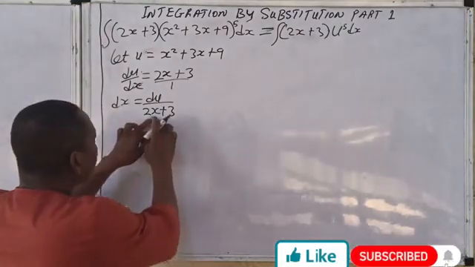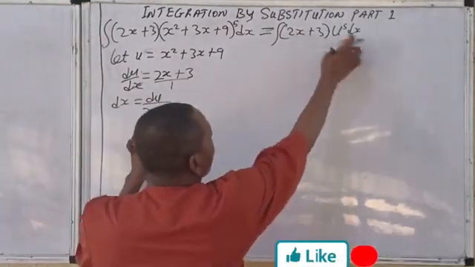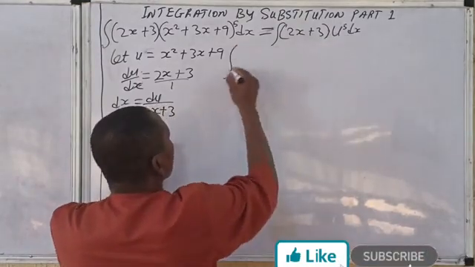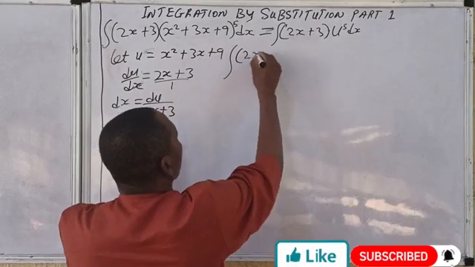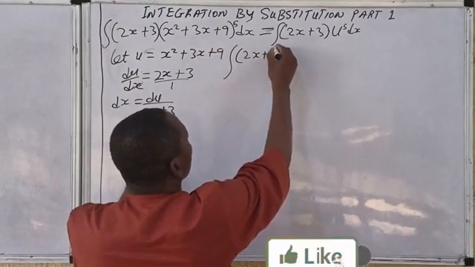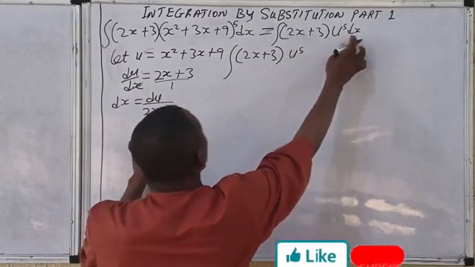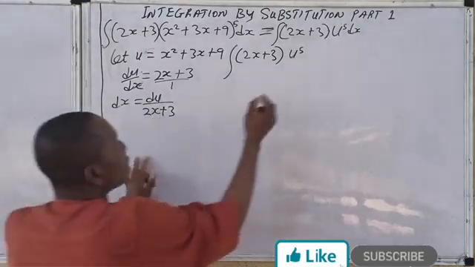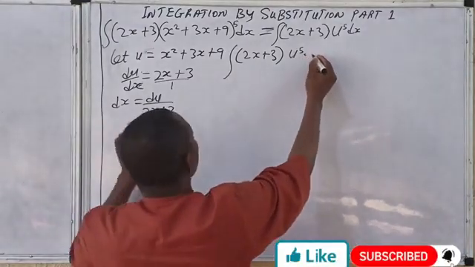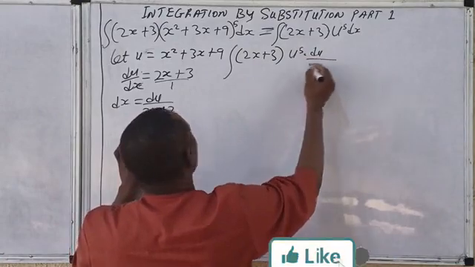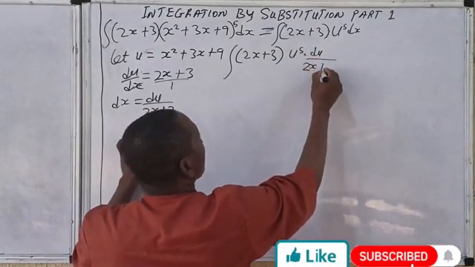Now, once you have gotten this, what will you do? This equation, we write it as (2x + 3)u^5, and in place of dx we put du all over 2x + 3.